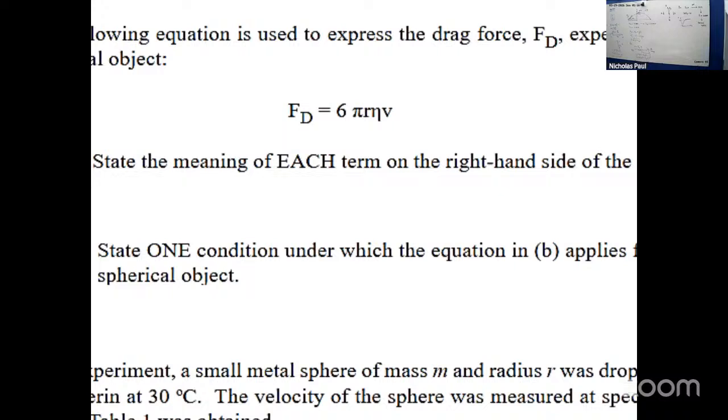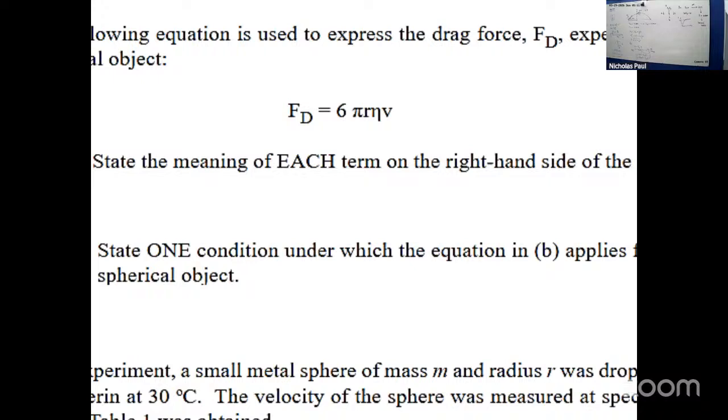What is the next term? Yes, R is the radius of the sphere, v is the velocity, and η is the viscosity of the medium.